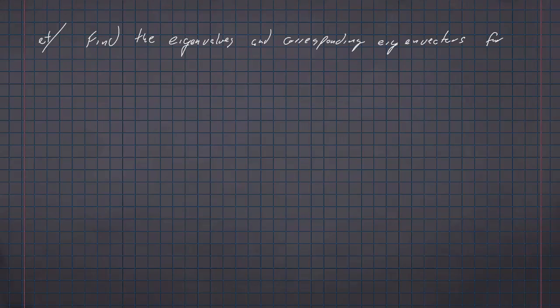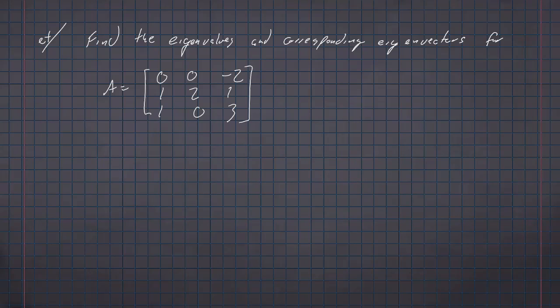And we want to find the eigenvalues and corresponding eigenvectors for matrix A, which is given as 0, 0, negative 2, 1, 2, 1, 1, 0, 3.